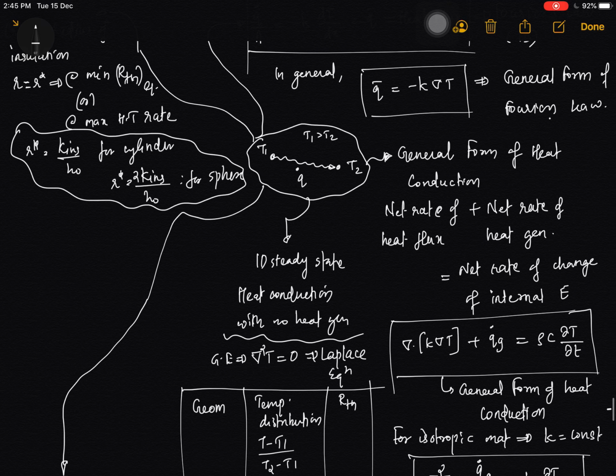Please note these two equations, which are very important.